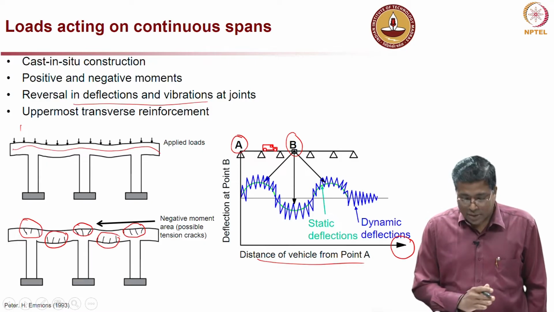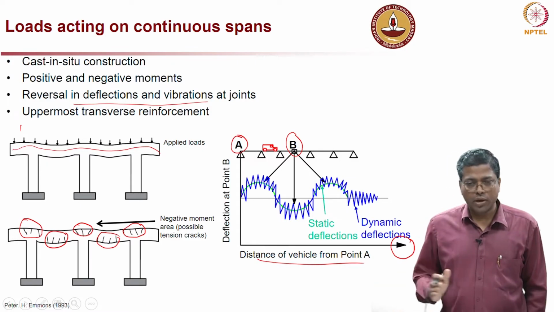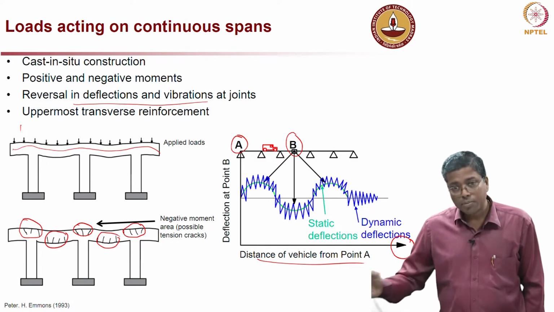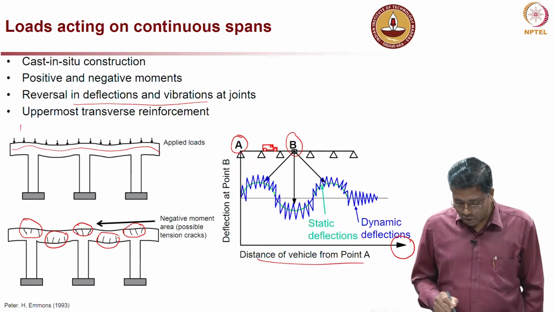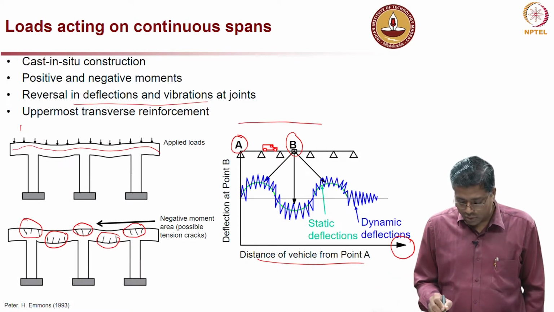Okay. Now, as the vehicle is moving towards point B and then past point B, the vehicle is moving from this point to this point right here, until the graph ends.